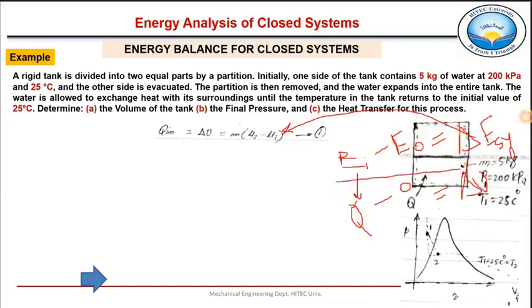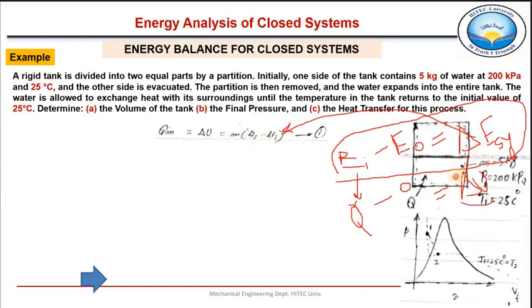Right. So using the same general energy balance, we have now derived the equation for this process, which is occurring in a closed system. So now Q in is equal to capital delta U, which we can write as m into (u2 minus u1).